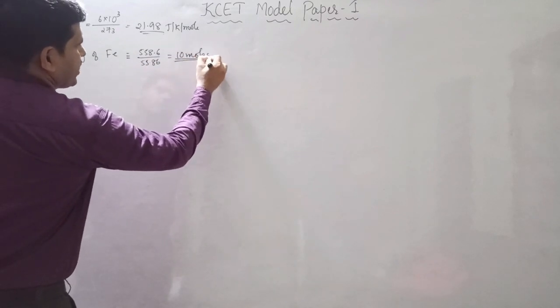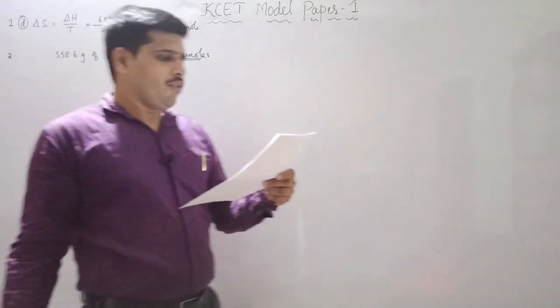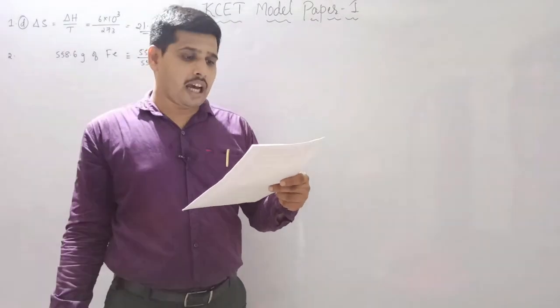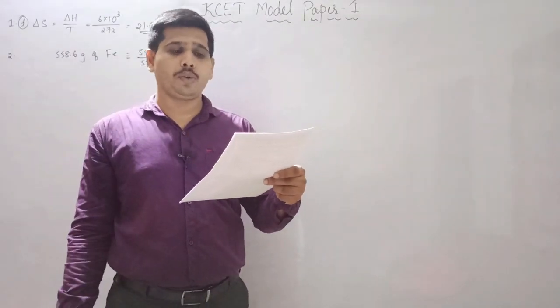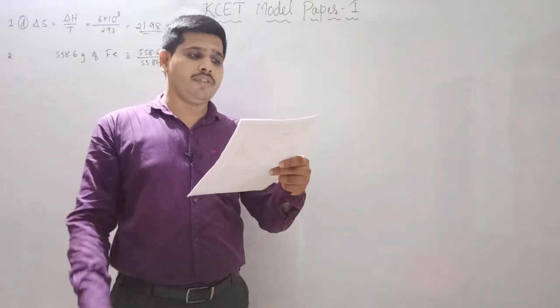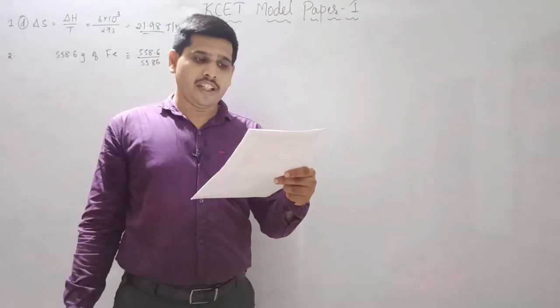You search in the options whether it is twice that of 60 gram of carbon, or 6.022 into 10 raised to 22, or half that of 8 gram of helium, etc.